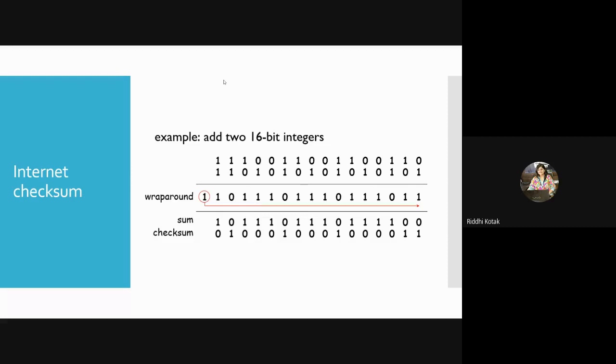You know a few rules: 0 plus 0 is 0, 0 plus 1 is 1, and 1 plus 1 is 0 with 1 carry bit forwarded. These three things you need to revise. You have already learned this in your digital logic subject, digital fundamentals, so with these three rules you can solve your checksum example.